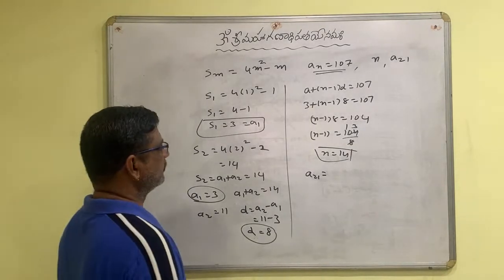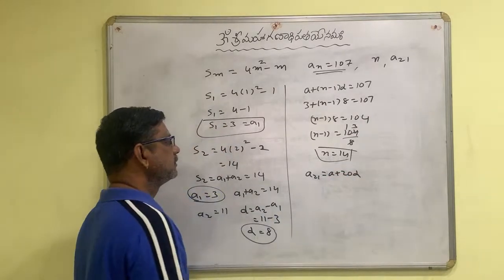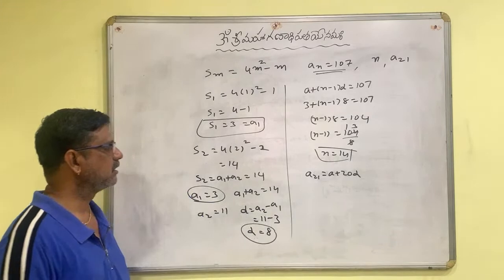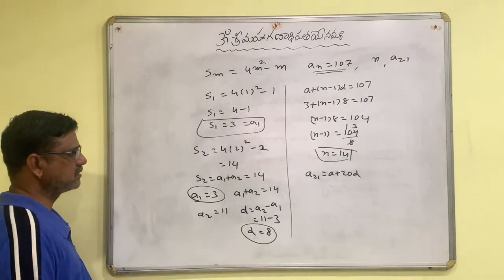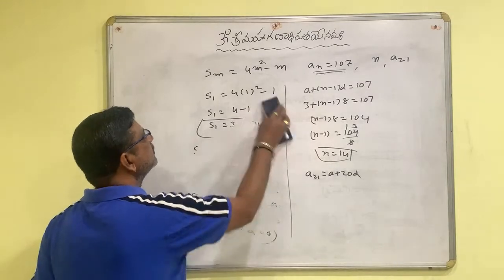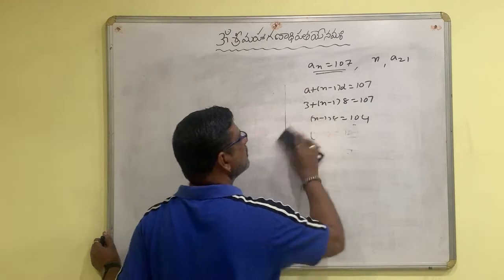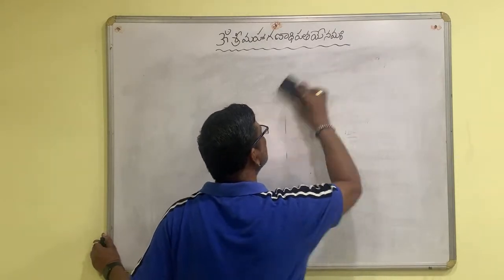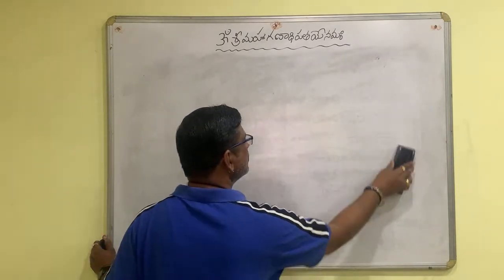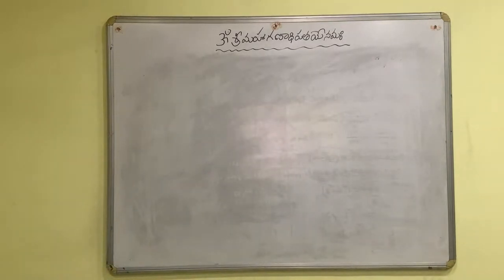A21, how can we find out? A plus 20D. D is 8, A is 3, so 163. Okay. Next question.